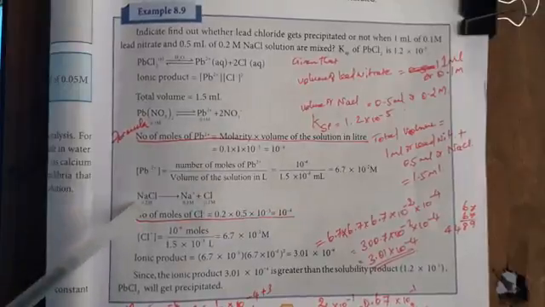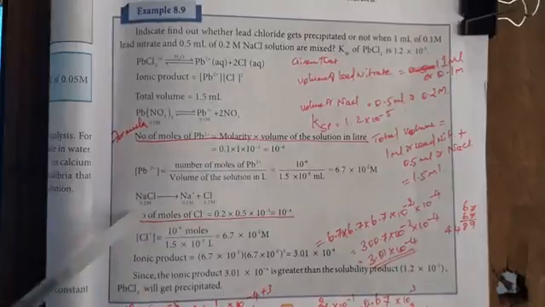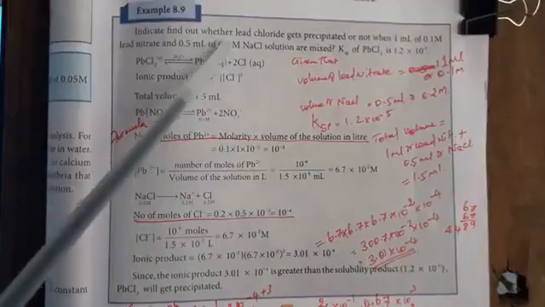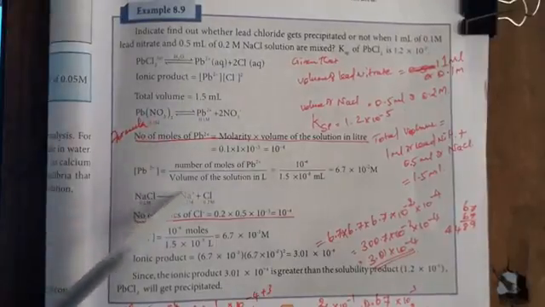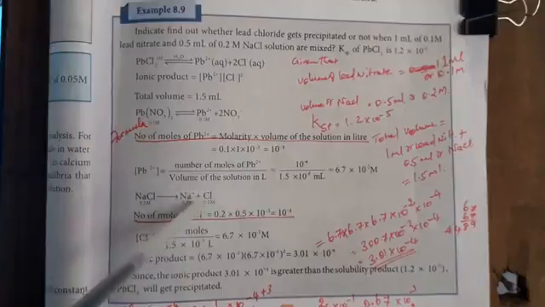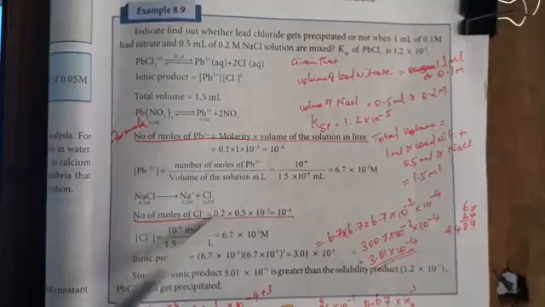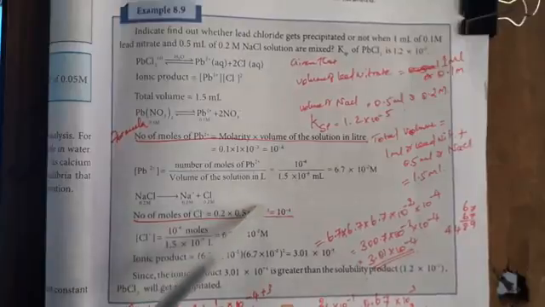Now sodium chloride gives sodium plus and Cl minus. Sodium chloride is taken how many mole? 0.2 mole. So 0.2 mole Na plus and 0.2 mole Cl minus. Number of moles is equal to 0.2 mole into 0.5 ml into 10 to the power of minus 3.